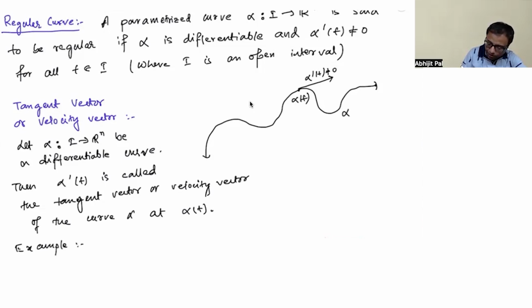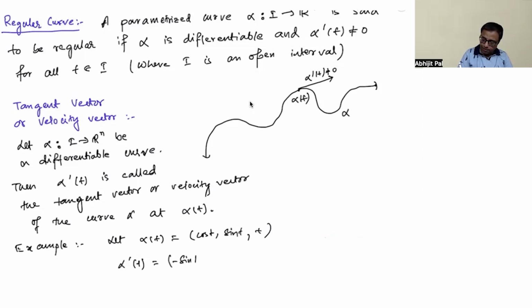Now an example. Let alpha t equal cos t, sin t, t. This is a curve in R3. So alpha prime t is equal to minus sin t, cos t, 1. Therefore the norm of alpha prime t is not equal to 0.